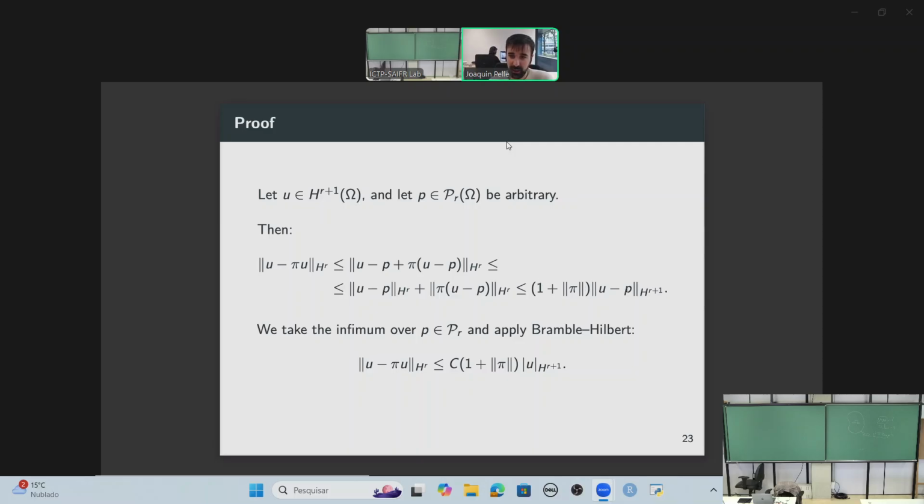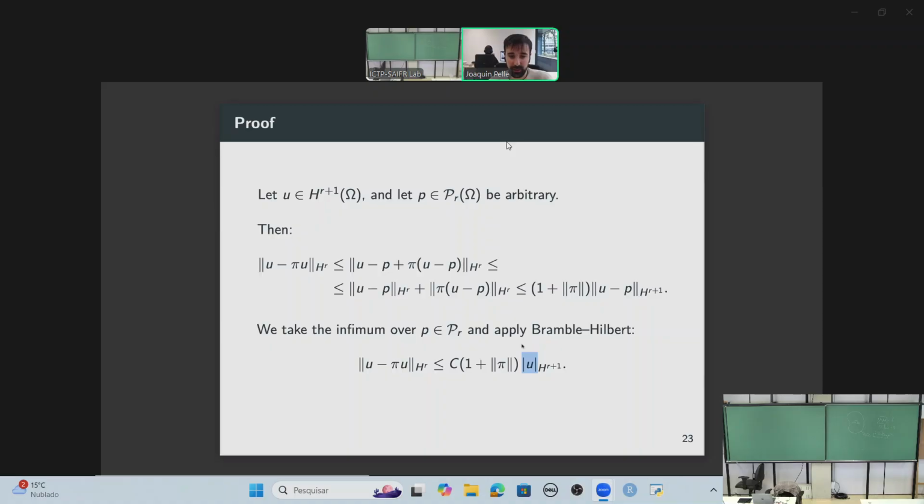So now, so far p is arbitrary, right? So this is true for any arbitrary polynomial here. But now if we take the infimum of this thing over all of the polynomials that live in this space, we can apply the Bramble-Hilbert lemma basically to conclude that this has to be less than or equal to a certain constant times this factor here, and times the semi-norm of the function u, right?